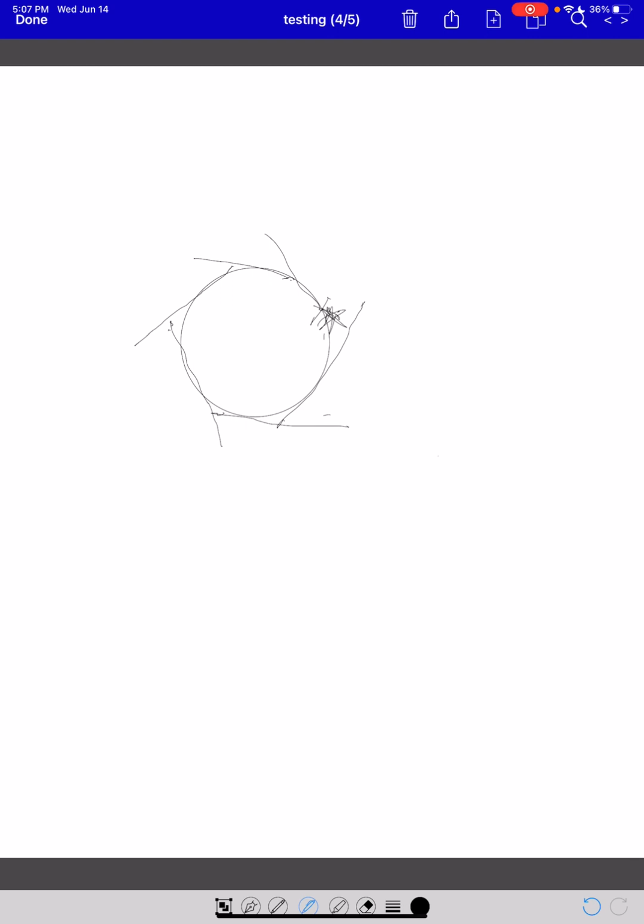All right, now because of that, we know that she went 360 degrees total around the park because she ended where she started. It's a circle. And we know she made 6 turns.